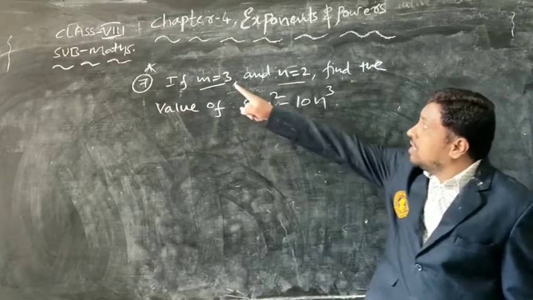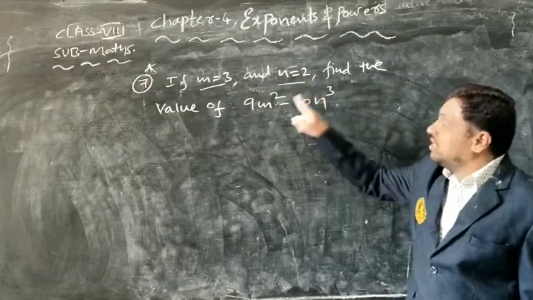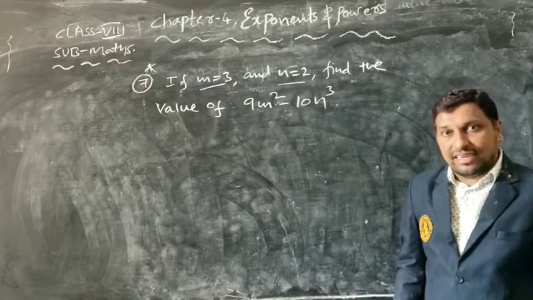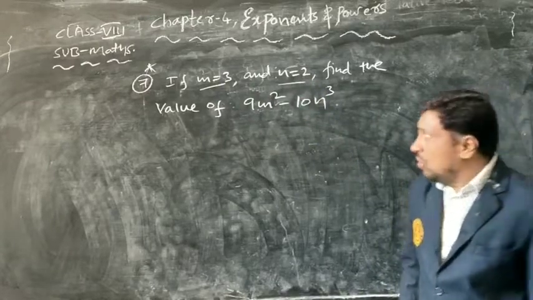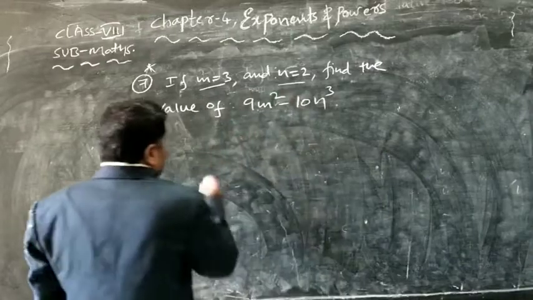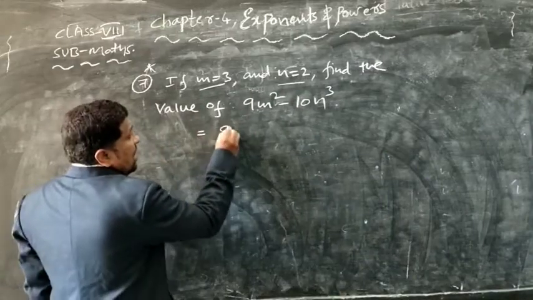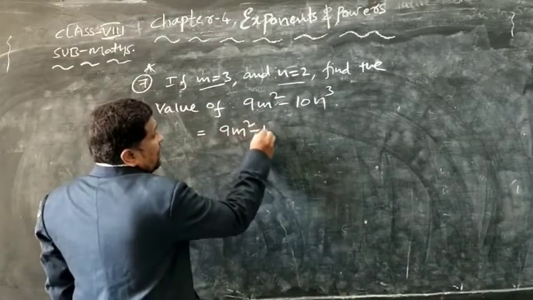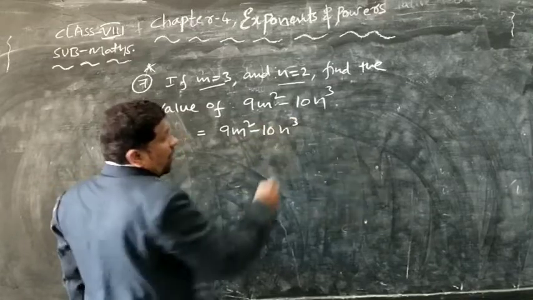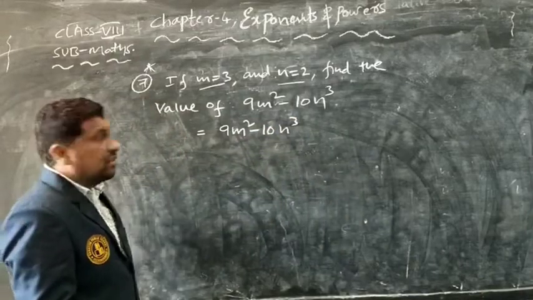Here m and n values substitute in this equation, we get the result. So what is our equation? 9m square minus 10n cube. What are the given values?